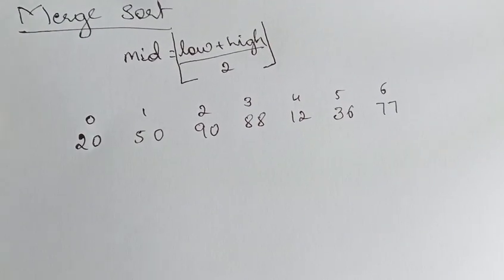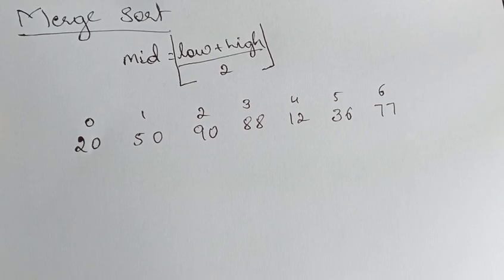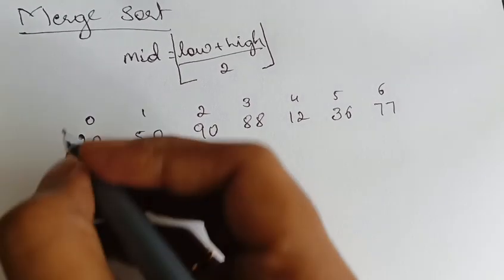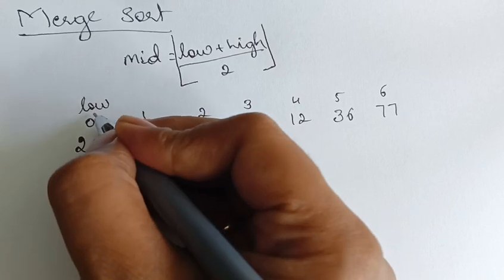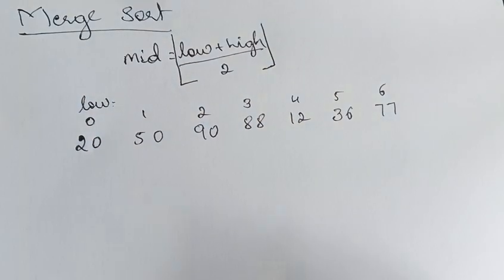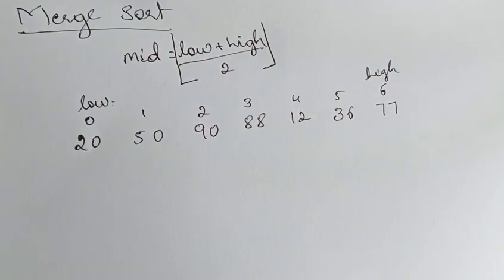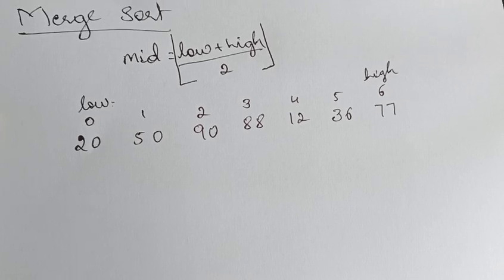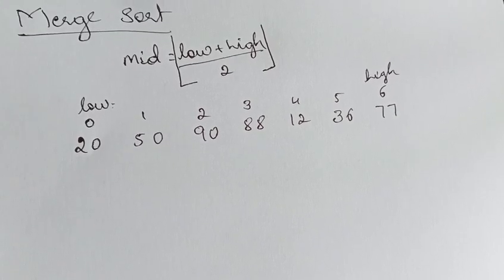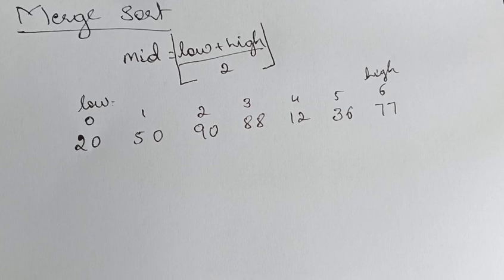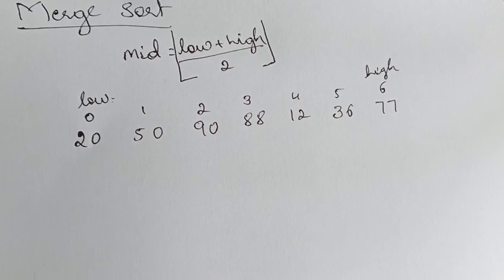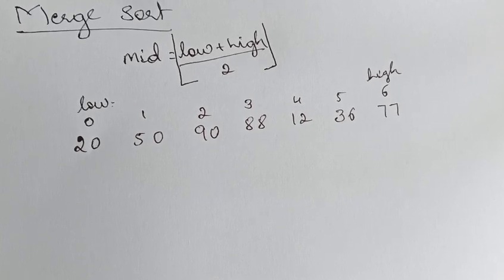As I said, what is low? Low is always the first index of the array. Low is equal to 0. And high is the last index of the array, that is, high is equal to 6. So this is how we see low and high: low is the first element and high is the last element.